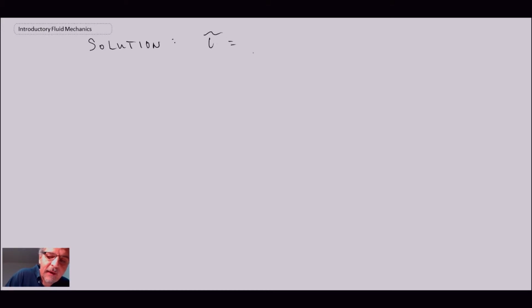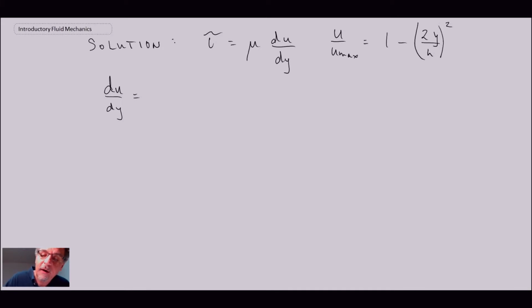Beginning with the Newtonian equation relating shear rate and shear stress. So we see we have the du by dy. Let's evaluate the derivative of our velocity term. And by taking the derivative, remember I'll write out the velocity here. u over u max is 1 minus (2y over h) squared.